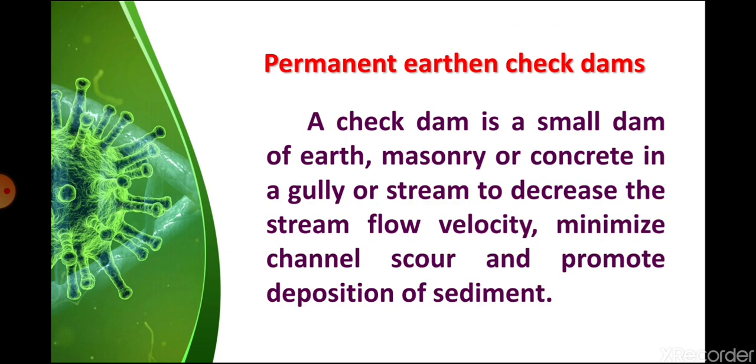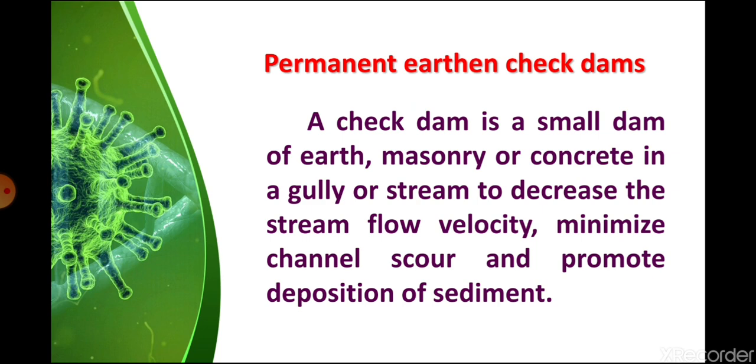Now the last one, permanent earthen check dam. It's also a kind of small dam, made of masonry or concrete work, built into the gully or stream to decrease the water flow velocity.